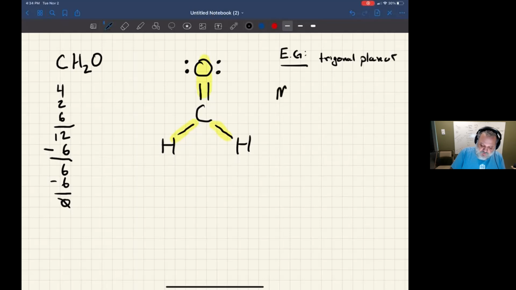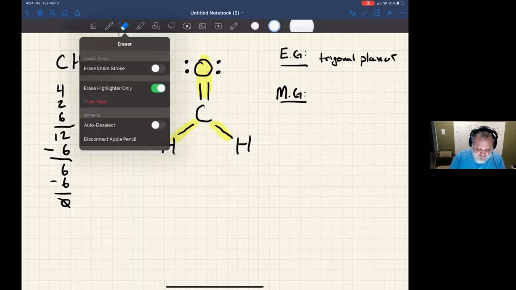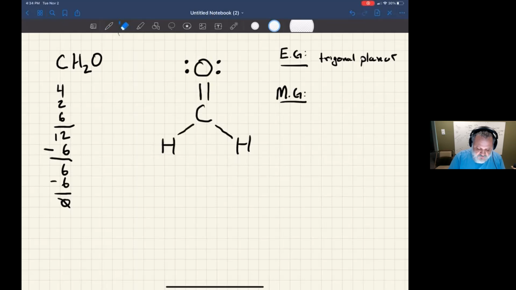Now, what about the molecular geometry? Now, are there any lone pairs? Well, the answer is no. And so since there aren't any lone pairs, the molecular geometry is the same as the electron geometry. So it's also trigonal planar.